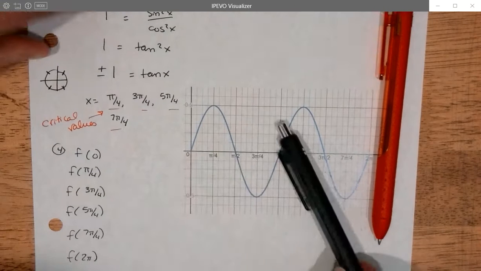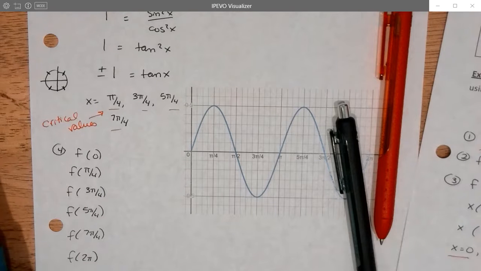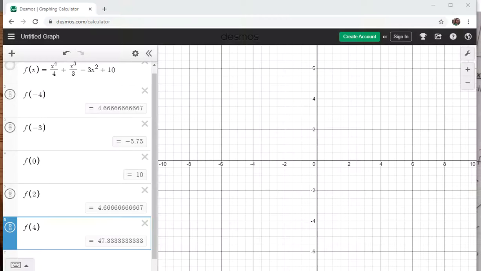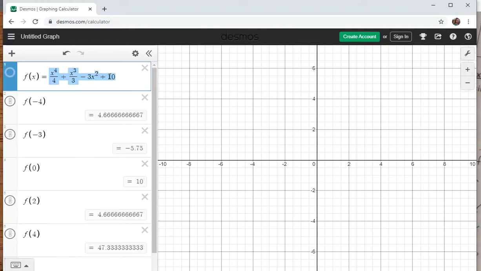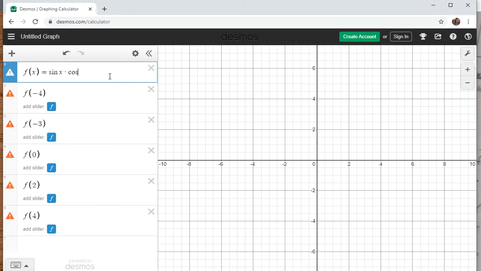So I'm going to do that on Desmos again. Wrong button. There we go. Okay, the function is sine x times cosine x.